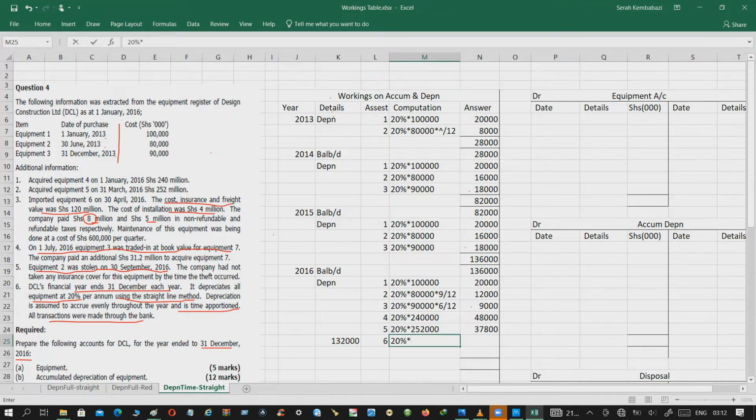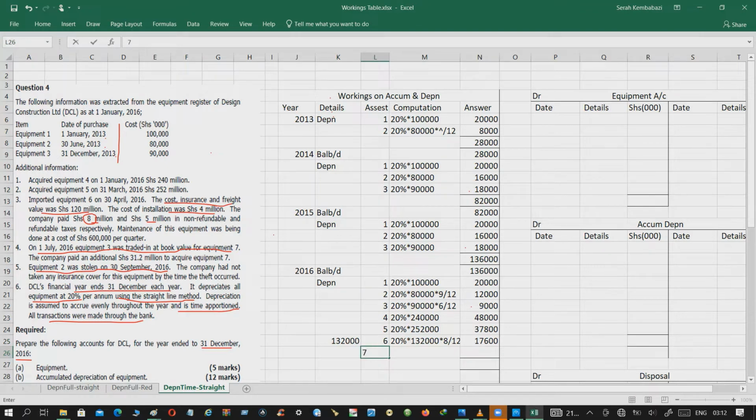So we'll get the 20% of the 132,000 times for how long we've been with this asset. We imported it in April, so we've been with it for 8 months out of 12, giving us a value of 17,600.